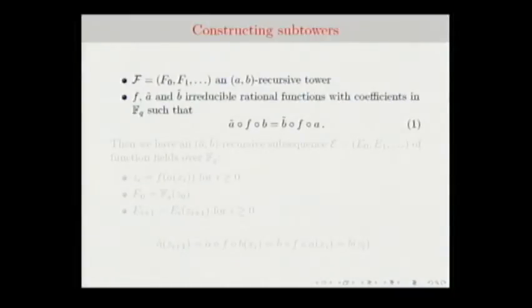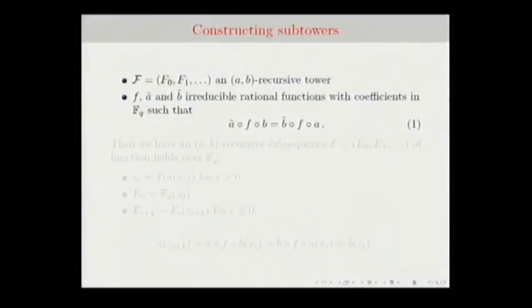So what we did is to give a computationally adequate method to construct subtowers of towers that are AB recursive towers. How do we do that? We take any AB recursive tower, and we try to find irreducible functions f, A tilde, B tilde, such that this equality holds. You may say that equality is a bit odd, but it happens that many towers have these functions.